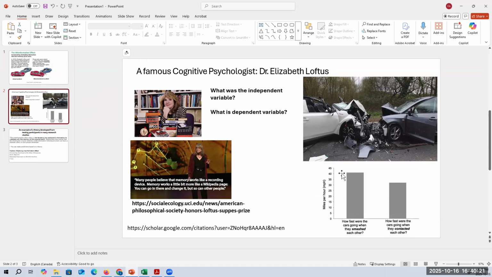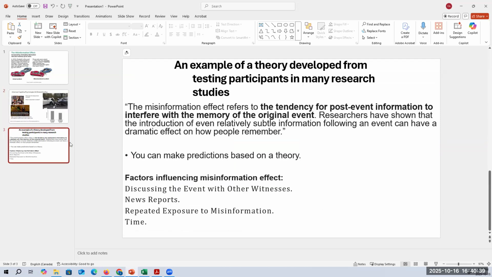So 40, I guess that would be like 80 kilometers per hour, whereas here they're reporting 30 miles per hour for contacted. So the wording of the verb in this case, which is the independent variable, affected the speed estimate, which is the dependent variable.